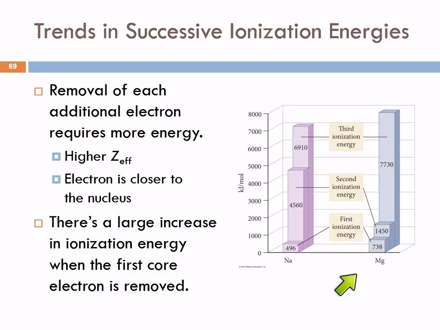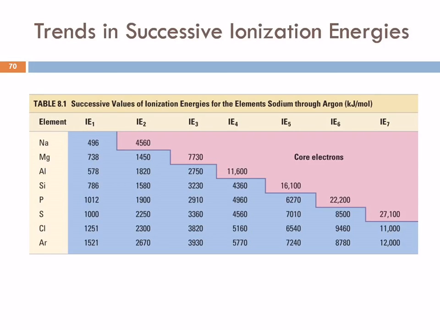And then this one, 6,910. For magnesium, magnesium has 2 valence electrons. So the first one is 738, the second one is 1450. The third one is the huge jump. Because after you got rid of the 2 valence electrons, we see this huge jump when you start taking off core electrons. So you can actually predict things about these elements just based on their ionization energies.